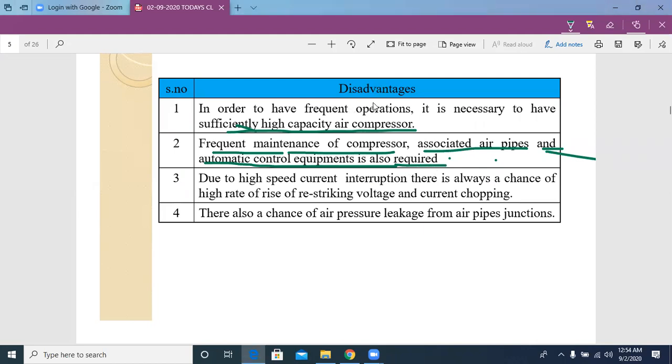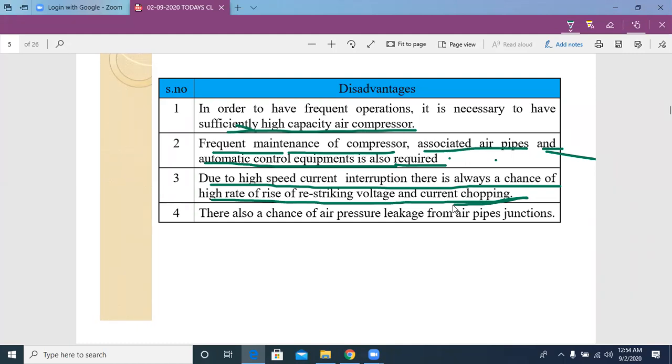One more disadvantage: due to high speed current interruption, there is always a chance of high rate of rise of restriking voltage and current chopping. Current chopping effect is there in air blast circuit breakers.